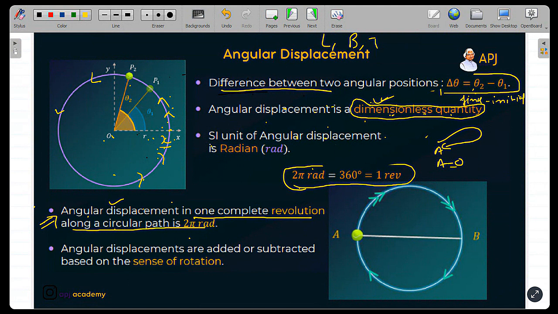But in circular motion, the displacement is not zero. If the particle is coming back to the same point, then it is said that the particle has completed one revolution and the angular displacement is equal to 2 pi radian, because radian is the SI unit of angular displacement.